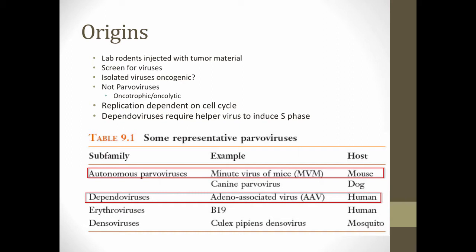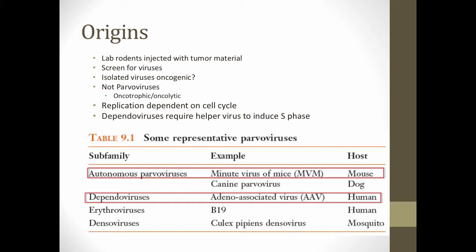And so a lot of these viruses were discovered just more or less by accident or as a byproduct of discovering what people might view as more interesting or human-relevant viruses, because until very recently, these dependoviruses weren't known to cause any significant health effects in humans.